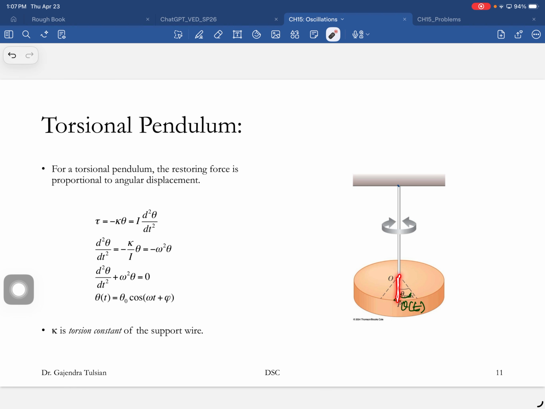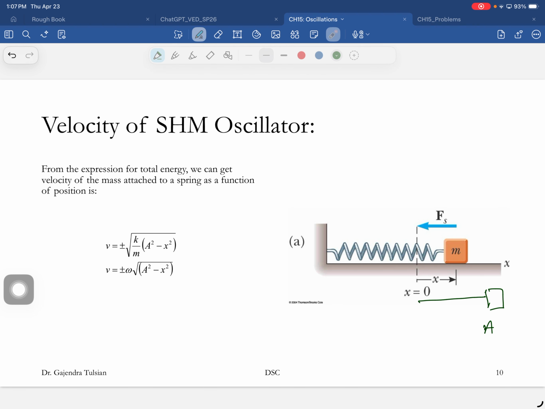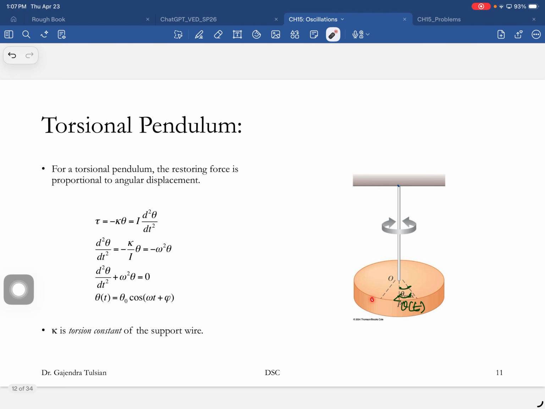If this is the equilibrium position, you twist it, and you can give the configuration by measuring this angle, which we'll call theta of t. This is similar to x: as this thing is oscillating, the configuration of the system is given by this coordinate.